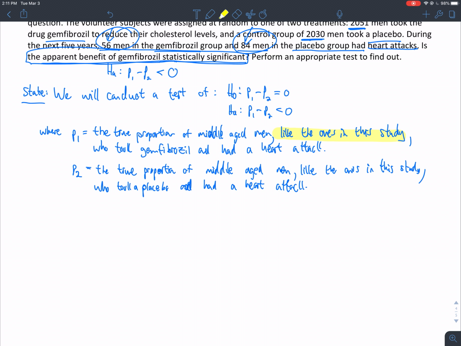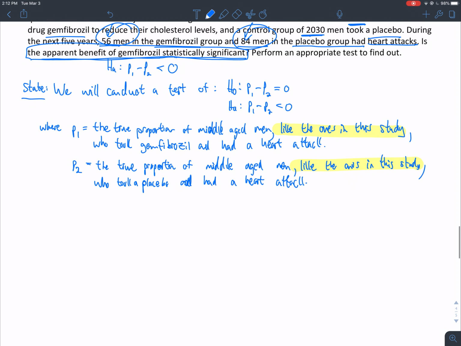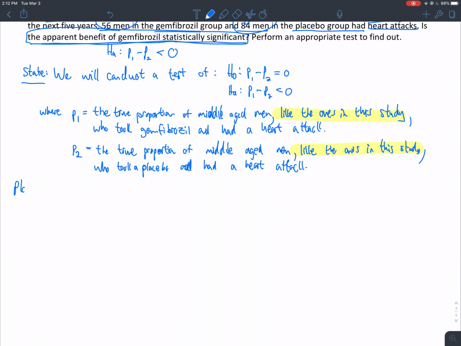Okay, so it's fair to assume that if you're like someone in this study who got this treatment, that you will respond the same way. So we're saying this is useful for people besides just the actual participants in the study. Otherwise, what's the point of doing experimentation? Okay, so that's tricky. All right, so be careful with that. All right, so that's the state part.